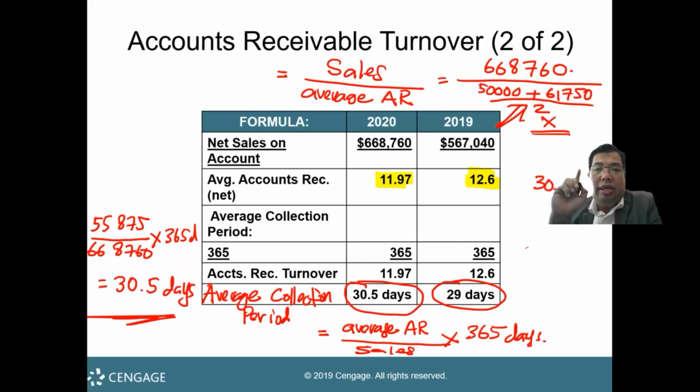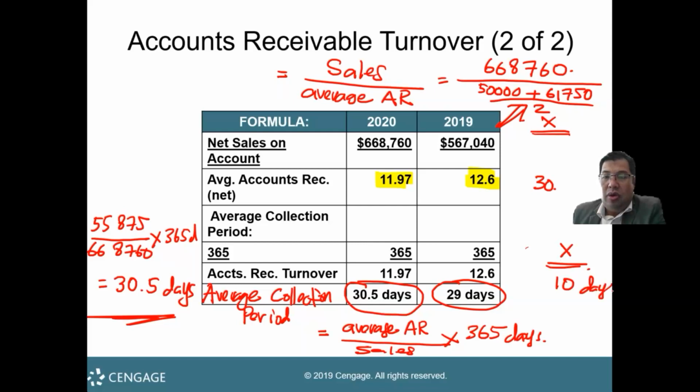The average collection period. So on average, you took 30 days to collect your money from your customer. Is it good? You took 30 days. Your competitor, another company, took 10 days. Who is more efficient, 10 days or 30 days? 10 days.